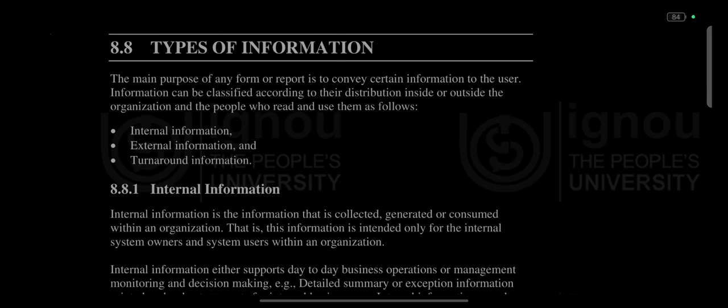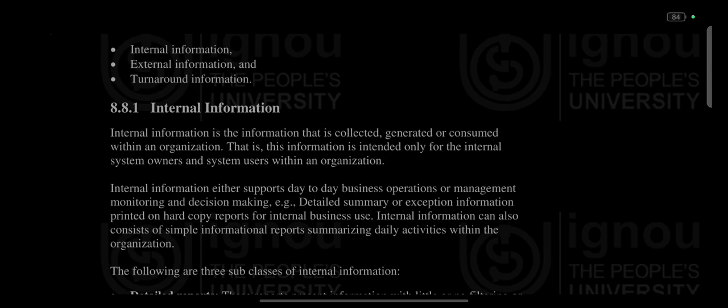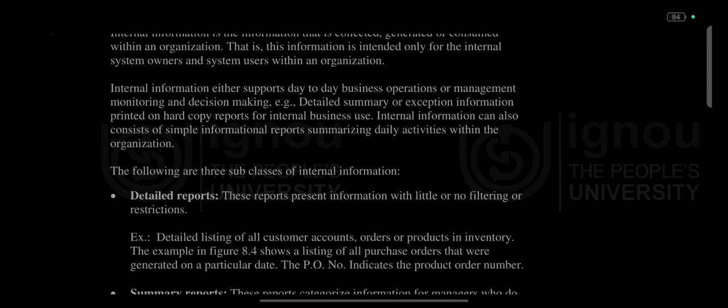That is, this information is intended only for the internal system owners and system users within an organization. Internal information either supports day-to-day business operations or management monitoring and decision making. Example: detailed summary or exception information printed on hard copy reports for internal business use. Internal information can also consist of simple informational reports summarizing daily activities within the organization.